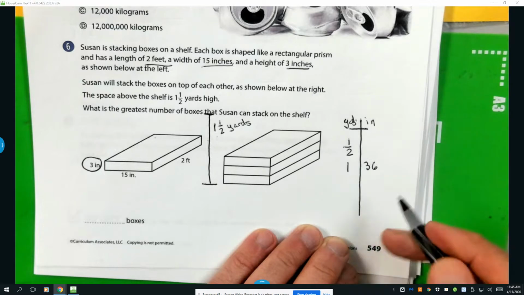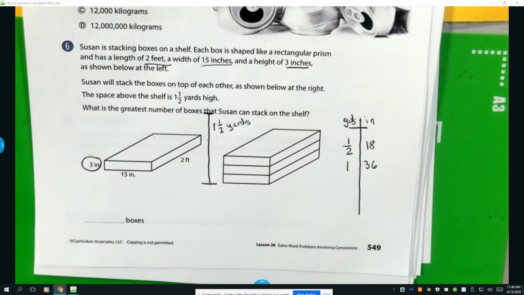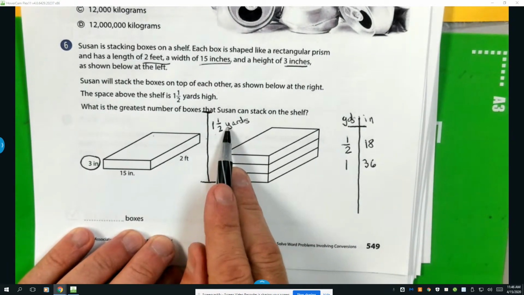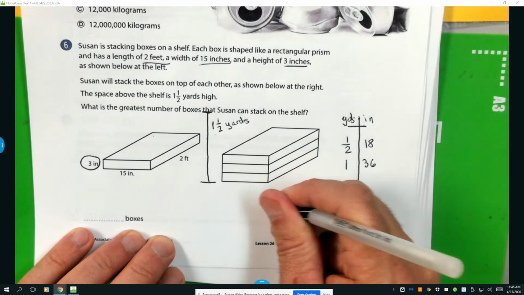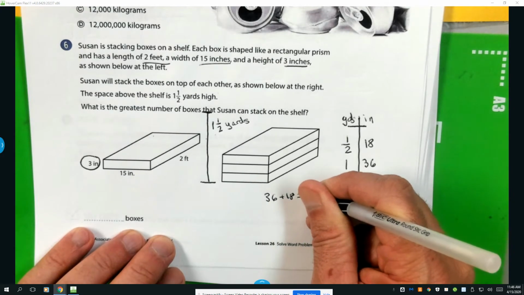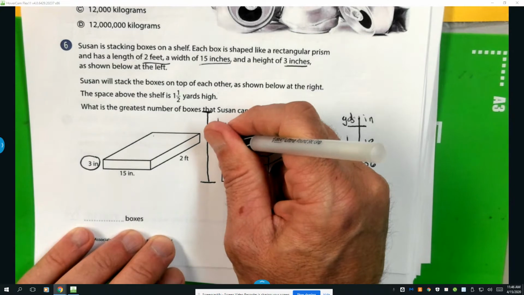Half of 36 is what? It's 18. Now I can figure out how tall this is in inches. 1.5 yards is 36 plus 18, which equals 54 inches.